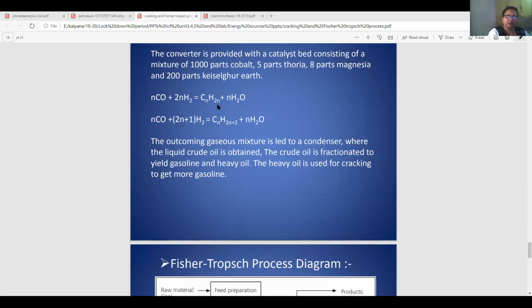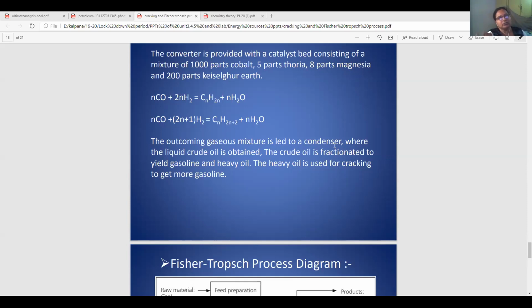Then alkanes, paraffins, are also formed, depending upon the temperature and pressure which we provide. The outgoing gaseous mixture is led to a condenser, and after formation of these alkanes, paraffins and olefins, it is passed to a fractionating tower which gives us different fractions.